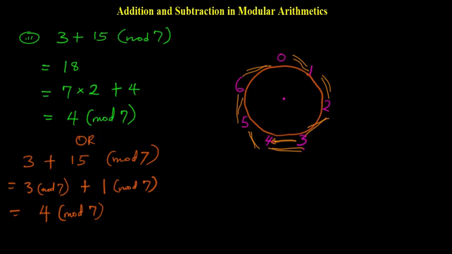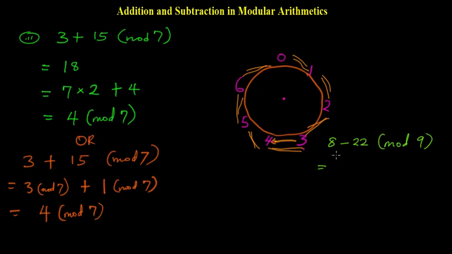Now to the last question, which is 8 minus 22 in modulo 9.